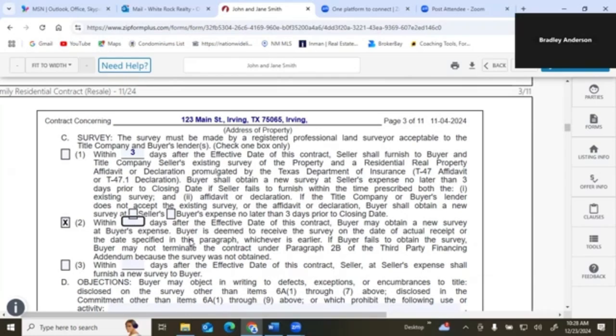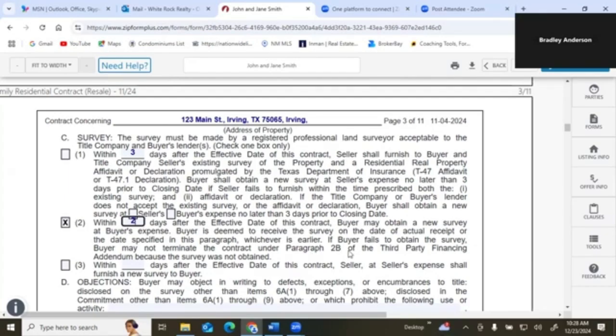Buyer is deemed to receive the survey on the date of actual receipt or the date specified in this paragraph, whichever is earlier. If the buyer fails to obtain the survey, buyer may not terminate the contract under paragraph 2B of the third-party financing addendum because the survey was not obtained.